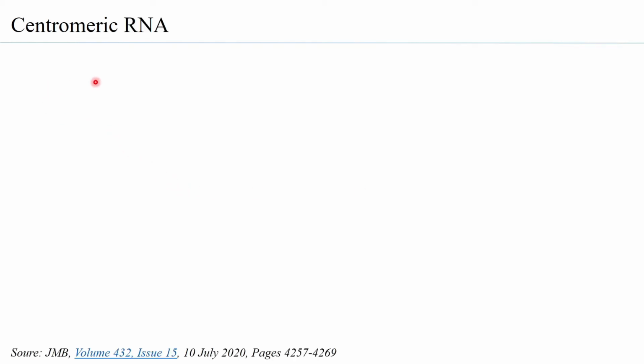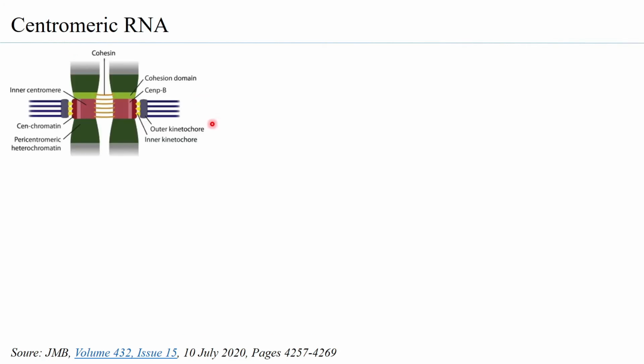Before going to that, let us understand that the centromere is associated with a lot of RNA molecules as well. So you have what is called as centromeric RNA. Now, when you look at this structure, again, it's a repeat of what we have said. This portion is the pericentromeric chromatin. This is the centrochromatin. This is the inner chromatin. This is the outer chromatin. And these are the spindle fibers, correct?